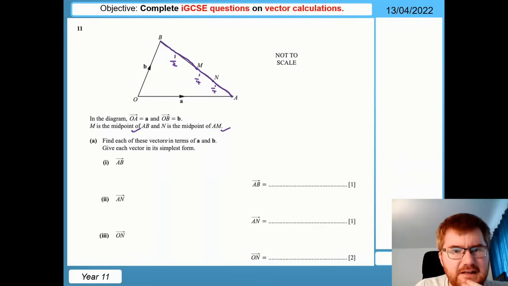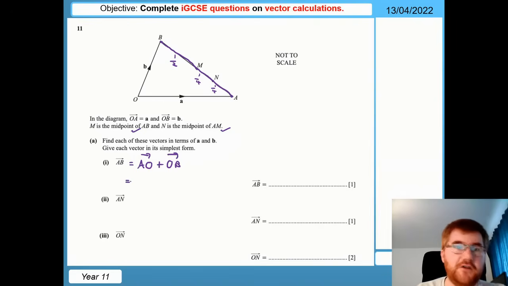And now we need to find each of these vectors in terms of A and B and give each vector simplified as always. So we want to go from A to B first of all. To go from A to B, we need to go from A to O and then O to B. So we're always looking for the so-called long way of working this out, and this is where we have to be careful of the direction.